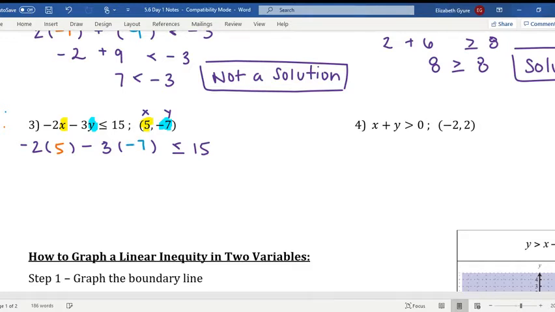Yep, negative 7. And now we need to simplify. Jesse, what do you think I could simplify first? Think like your order of operations. Is there anything I could maybe multiply?